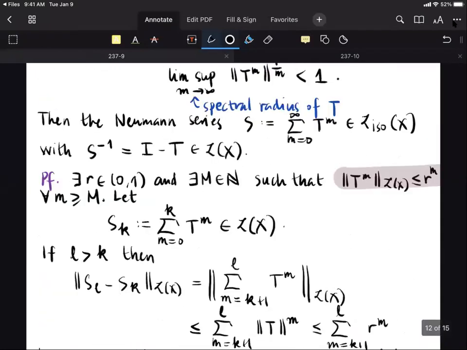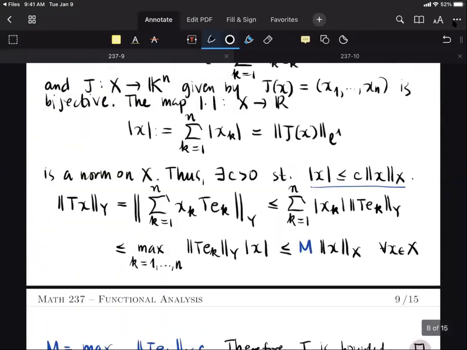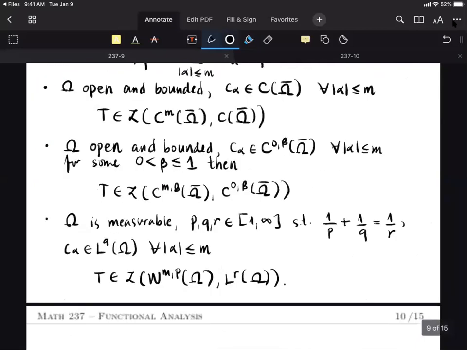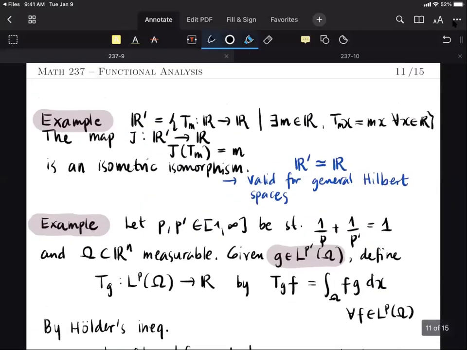In the next lecture, going back to our previous example, we will prove this claim here, that the dual space of a Hilbert space is isometrically isomorphic to itself.